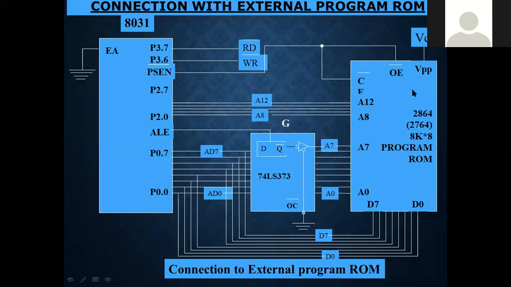16, sir. How is that possible? Sorry, sir. Address lines 0 to 7, 8 lines, sir. Sir, the address lines are A0 to A7, which means 8 lines. 8 lines.